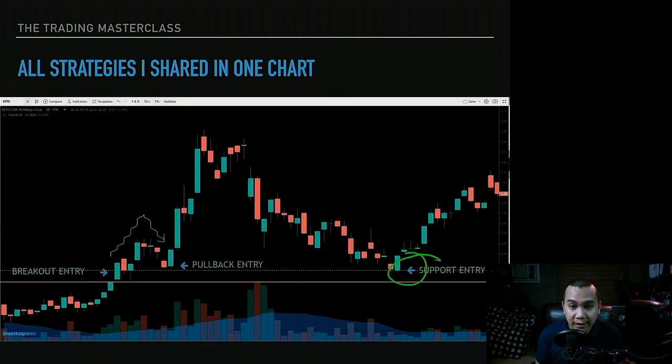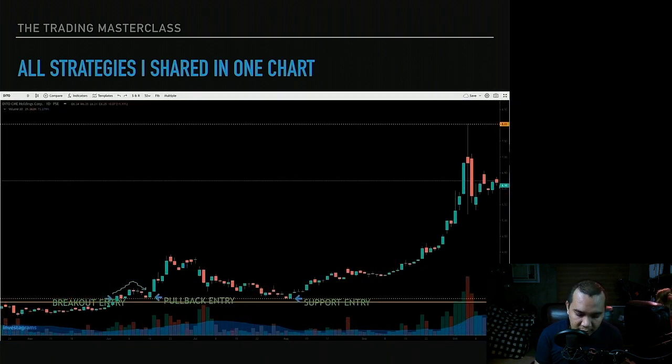Next is this support entry right here. Historically, where the price starts to go up, that is where you enter. Previously, the last bounce happened here, and the prices are now going to this bounce, and that should be your entry point also.